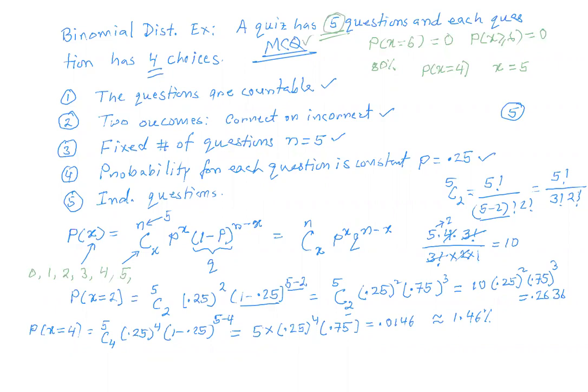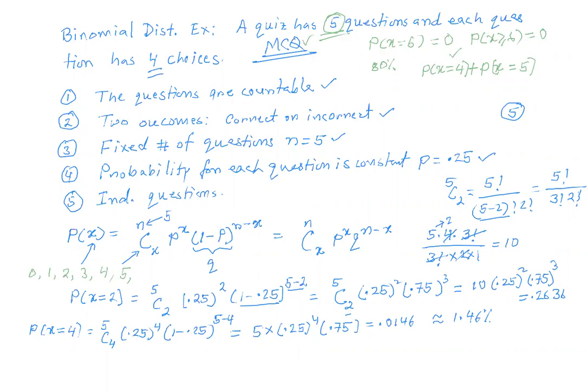If you get 4 correct out of 5, you pass. What if you get 5 correct out of 5? Do you still pass? Of course you do. So you need to consider the probability of x equal to 5 as well. Then you add these 2 probabilities. That's going to give you the probability that someone will pass the quiz.